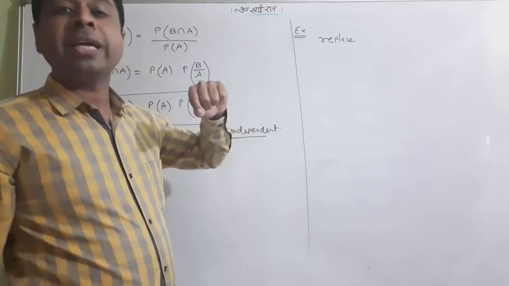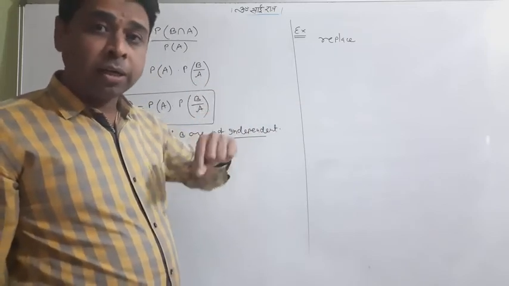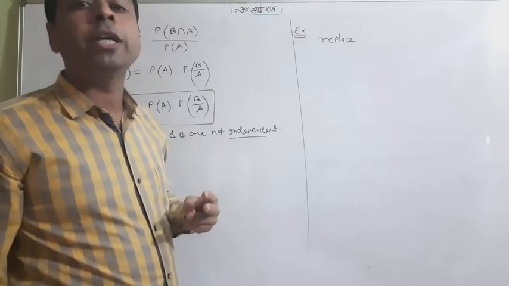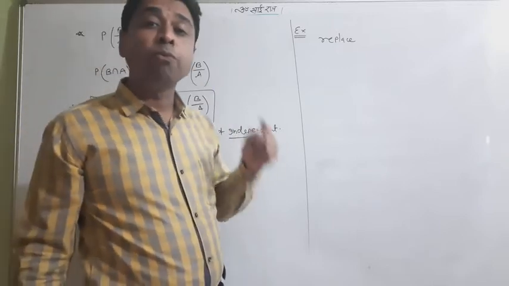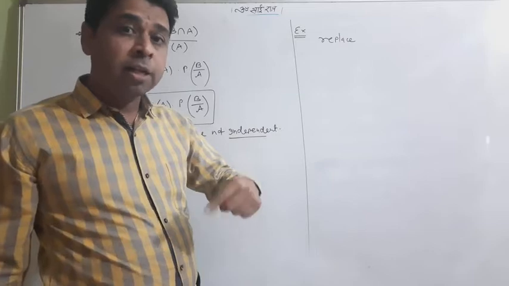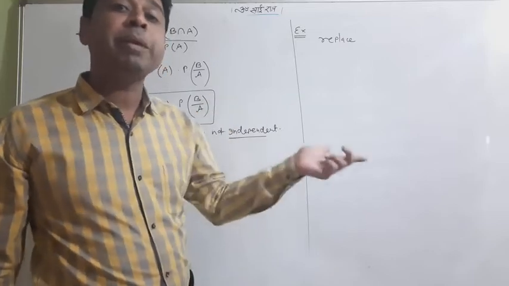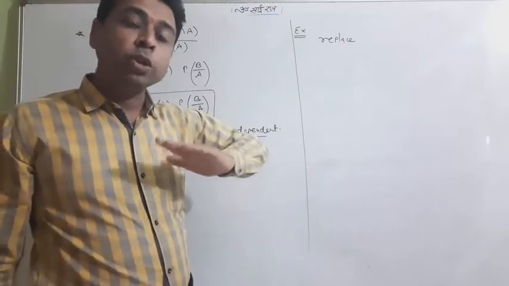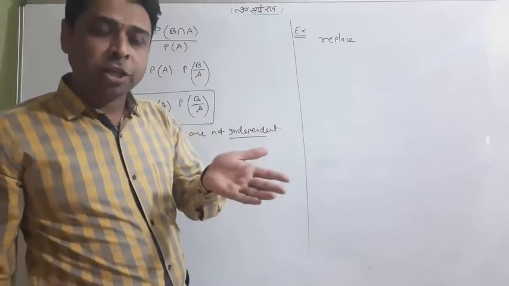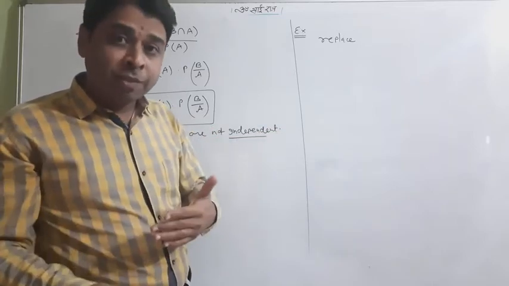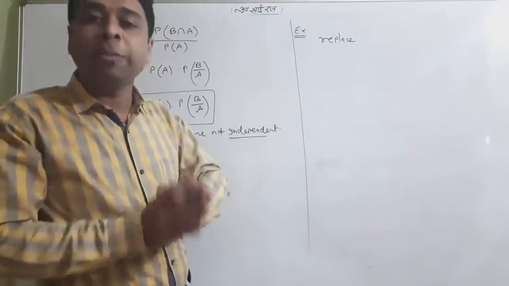Definitely when the second time he or she draws the card, these two events are independent. Why? Because the first time whatever card he drew, the same card may be drawn the second time, because the card was replaced. When the card is not replaced, that time it is called not independent.